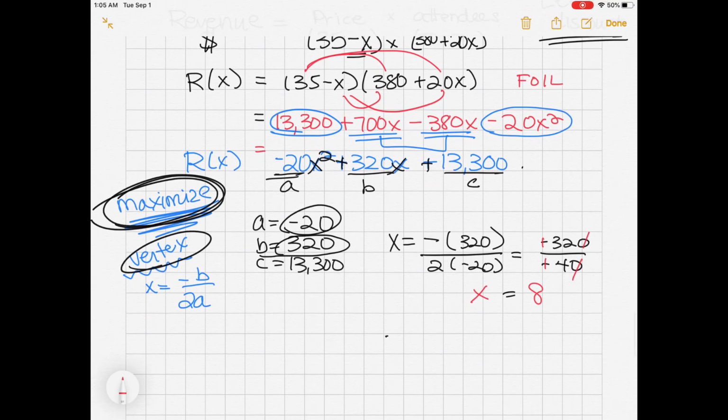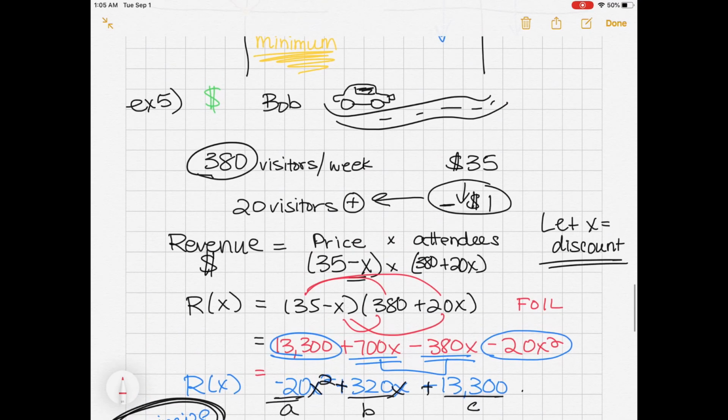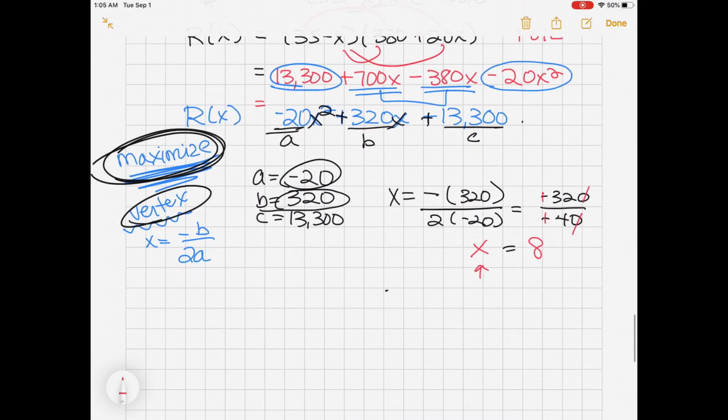So if x is 8, does that tell me what our maximum revenue is? No. Remember what we said x was? We said x was the discount, right? So in order to maximize revenue, we need to discount the price by $8.